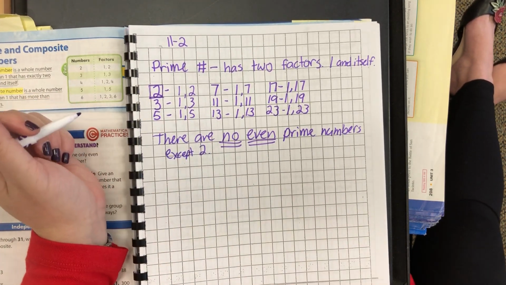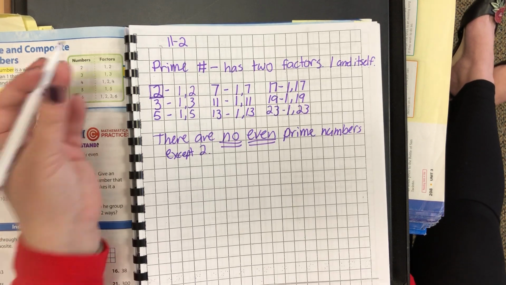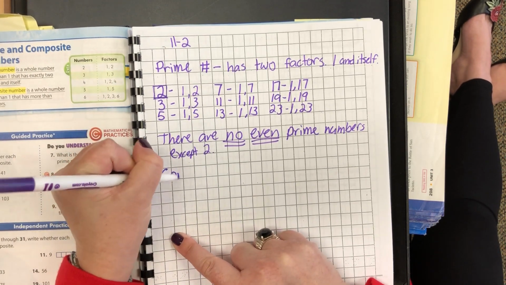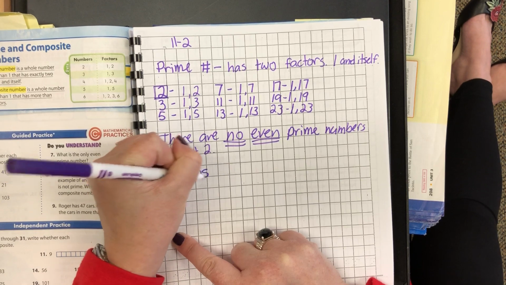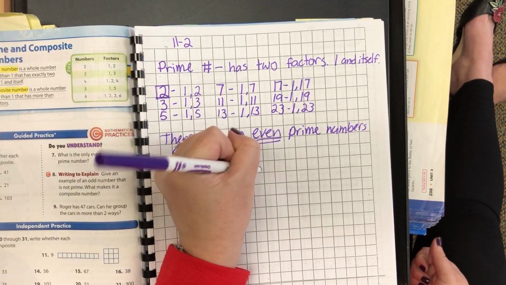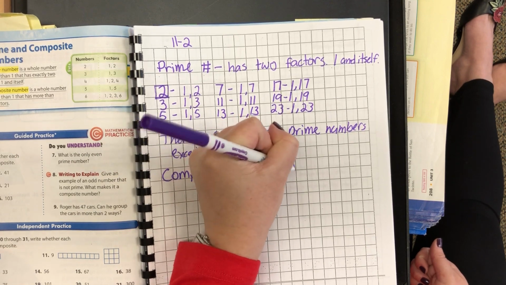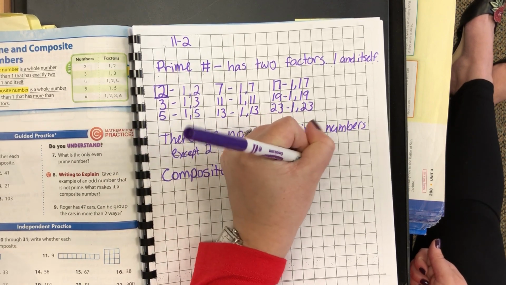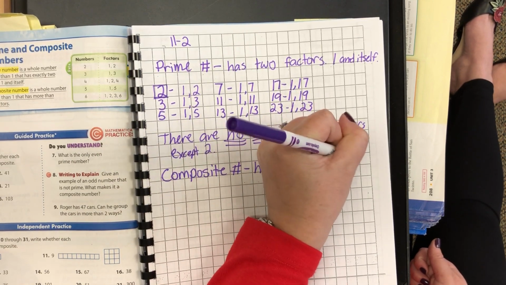Now, if they're not prime, they have to be given their own name. Composite. Composite numbers have more than 2 factors.